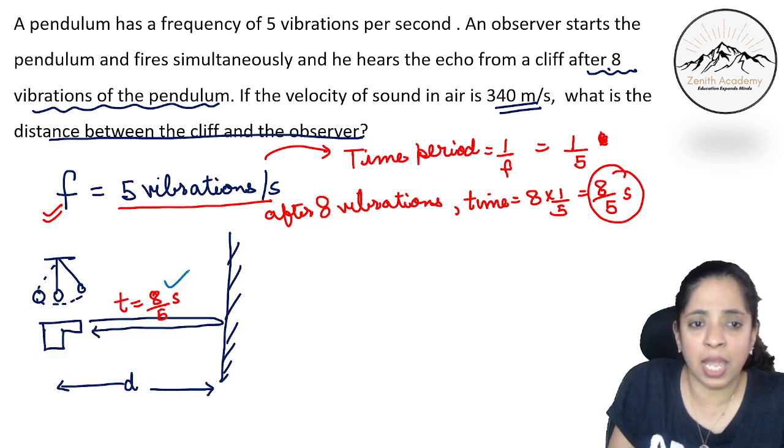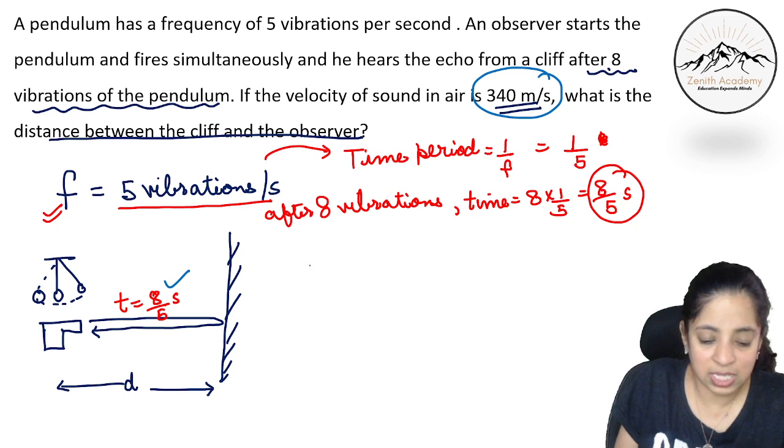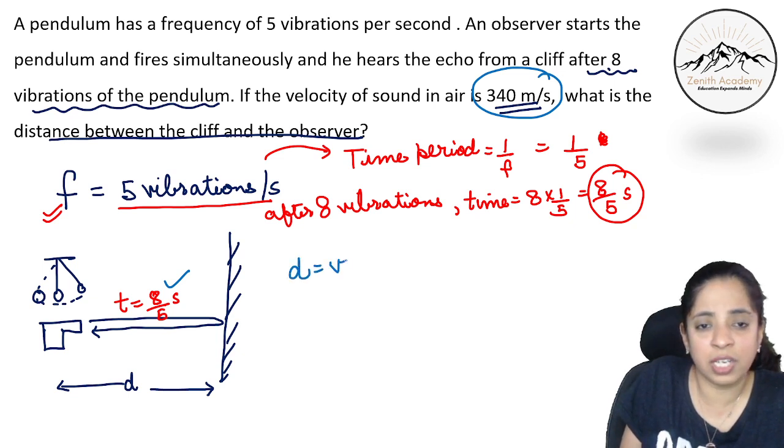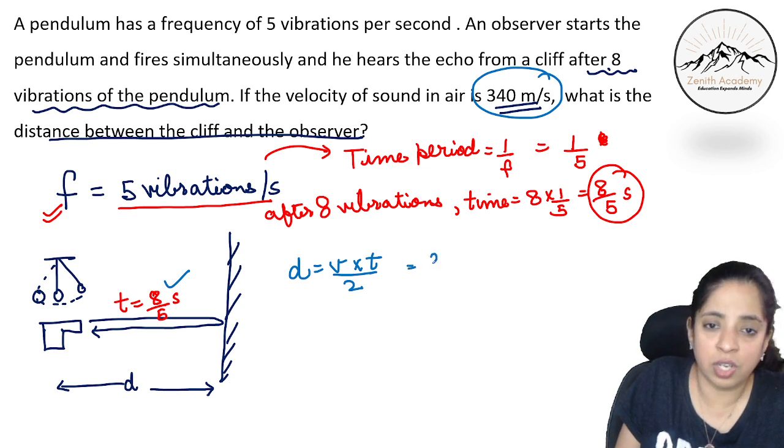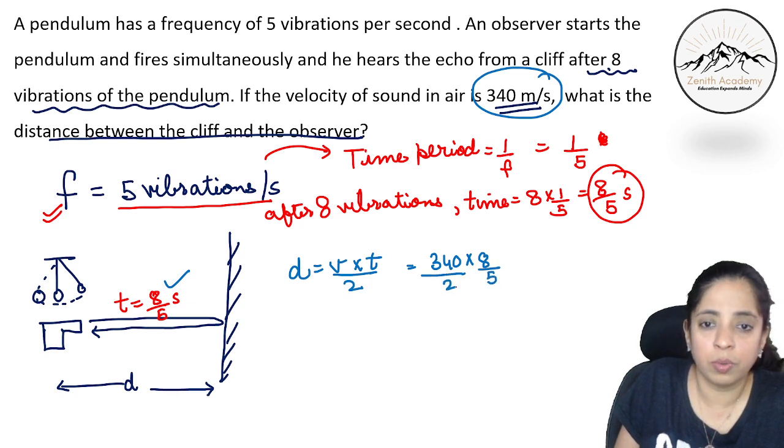Now we have time, we have velocity. Can we find out the distance? Yes, distance is velocity into time upon 2. So it is 340 into 8/5 upon 2.